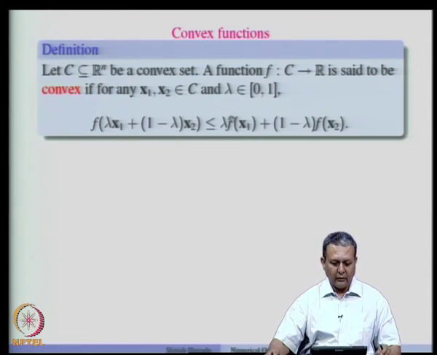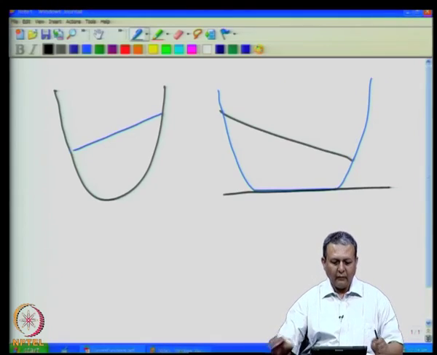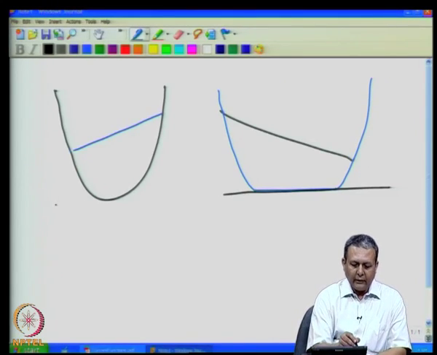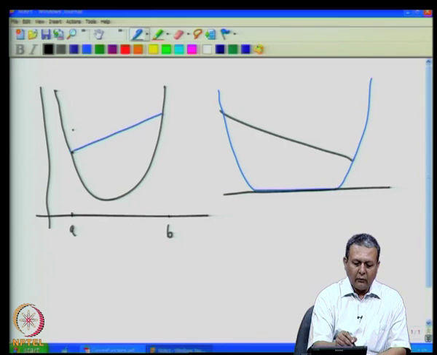So, let us look at the example again. If we define this function on the interval a to b, the closed interval a to b, this is our function f of x.